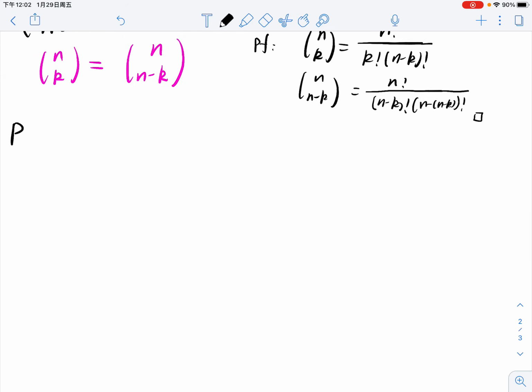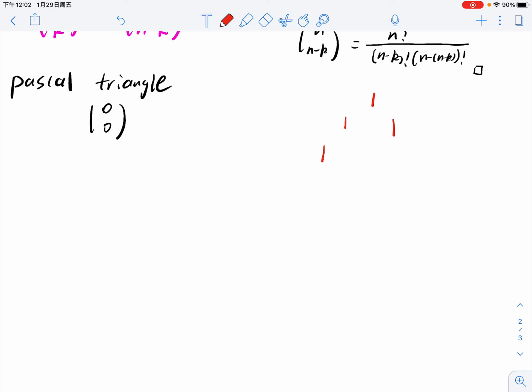And next, we will see a very interesting phenomenon. It's called Pascal's Triangle. On this side, let me first write down the triangle: 1; 1, 1; 1, 2, 1; 1, 3, 3, 1; 1, 4, 6, 4, 1, and so on. And you can continue forever.